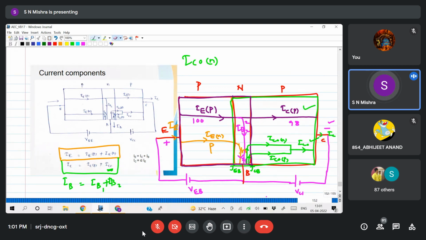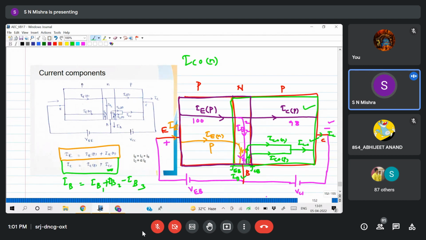Okay, so this is minus IB3. So total component which is present in the base, that is IB1 plus IB2 minus IB3. These two green lines, that is IB3. Okay, so both are incoming IB1, IB2, and IB3 is outgoing current. So total base current is this much. So I can write here in the base, that is IB.